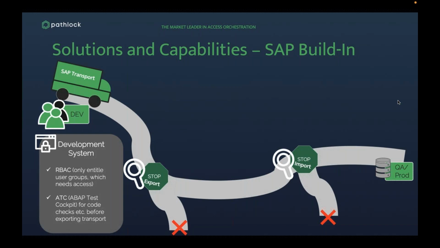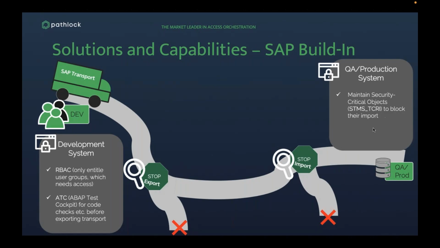For example, are some critical changes done, is there some database access which is not committed, and so on. With this layer, you have a first line of defense for the development system to get a first threat detection. Next, please.